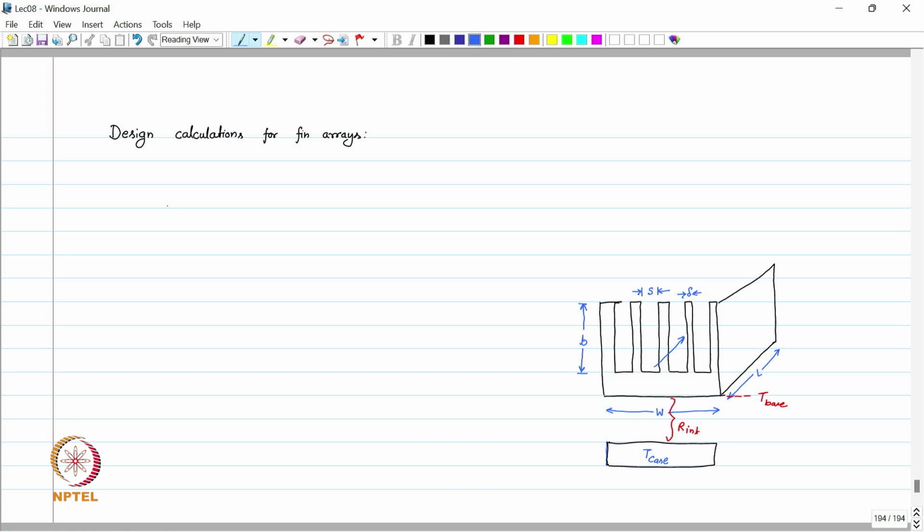To select a proper heat sink, we should consider the following things. First, determine the maximum allowable heat sink thermal resistance.